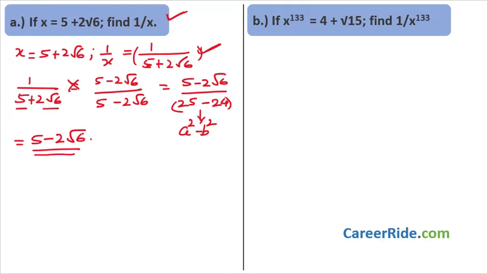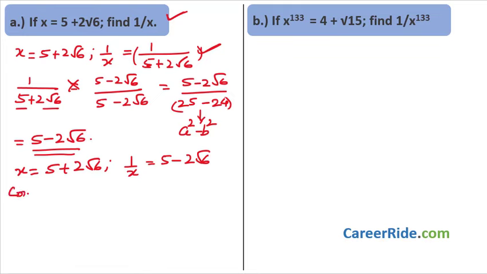So basically for this type of question, whenever you are trying to find the value of 1 upon x, just change the sign between the two terms. X is equal to 5 plus 2 root 6, so 1 upon x would become 5 minus 2 root 6. But there is a condition here.